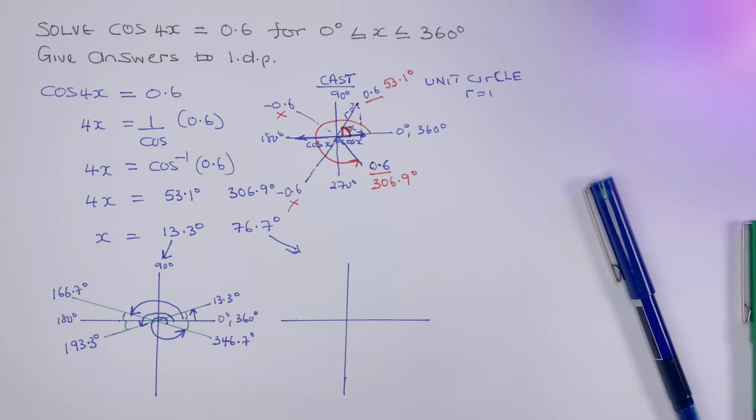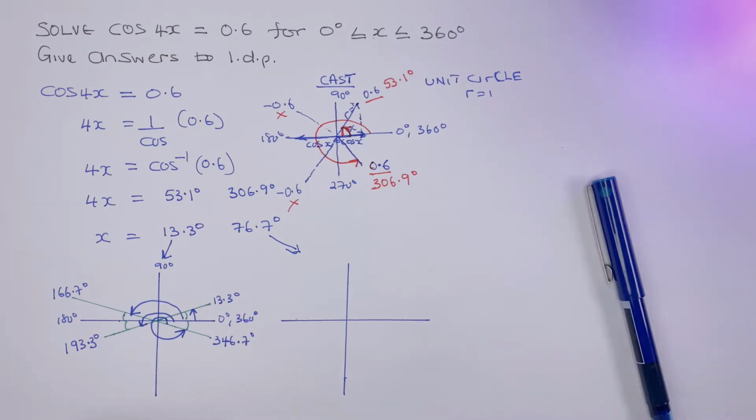So if I were to write this down, the x values would be 13.3 degrees, 166.7 degrees, 193.3 degrees, and 346.7 degrees.